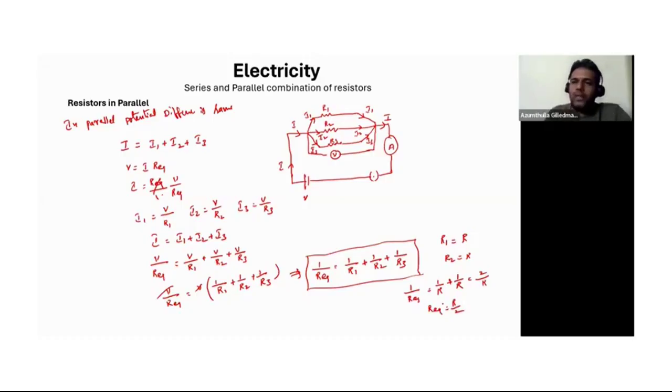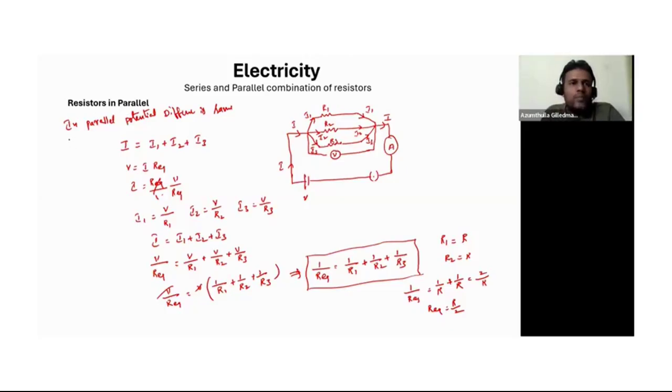So basically what happens in a parallel connection is, if you add same resistance, then if two resistance, the effective resistance or the equivalent resistance in the circuit becomes half of it. If you add three equal resistance, then it becomes R by 3, 1/3 of the resistance. So resistance will decrease in parallel connection.